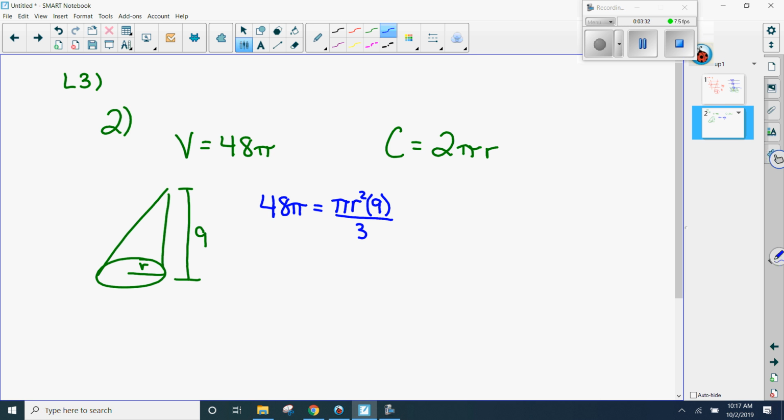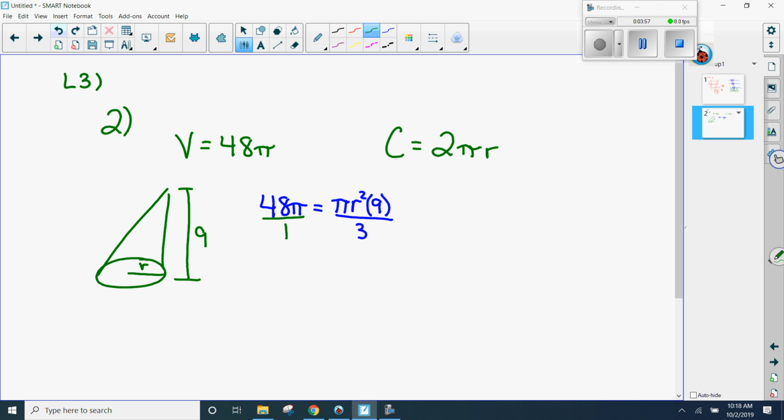A cone comes to a point, so you have to divide by 3. Now, I would agree that you could reduce the 9 and the 3. You can do that. What happens if you cannot reduce those two numbers? You could look at it as a fraction and divide by the fraction, which means you invert and multiply.